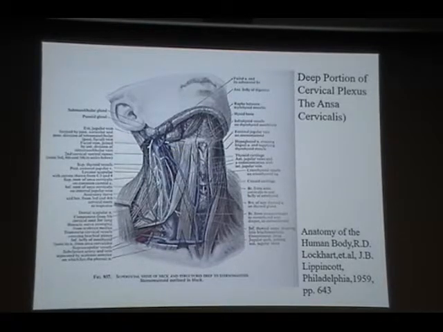It also gives a twig to a deeper muscle called the geniohyoid muscle. So these are actually branches of C1. So why are they coming off of hypoglossal, or are they coming off of hypoglossal, or are they just traveling with it?